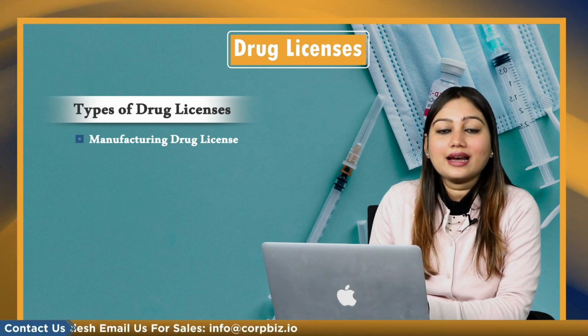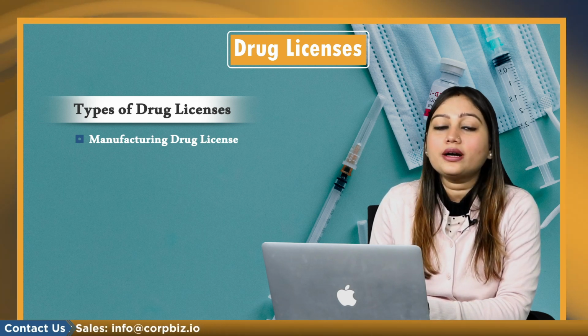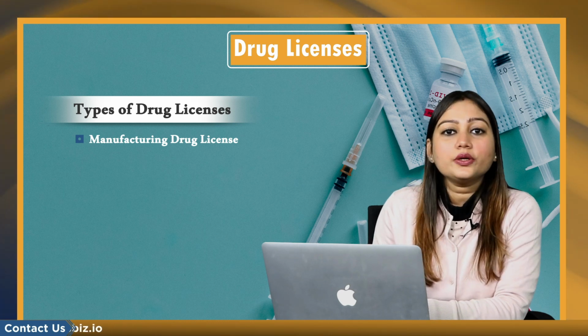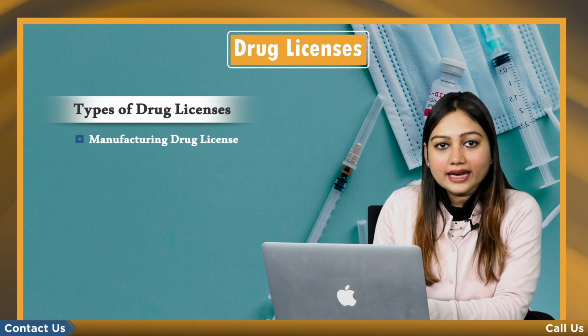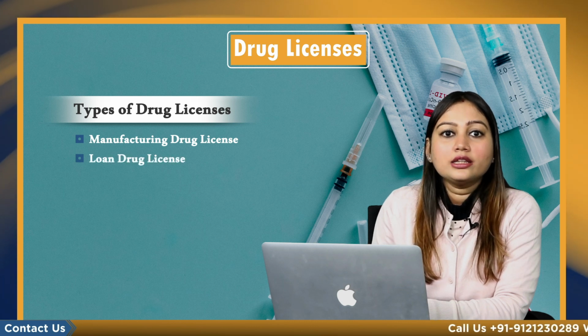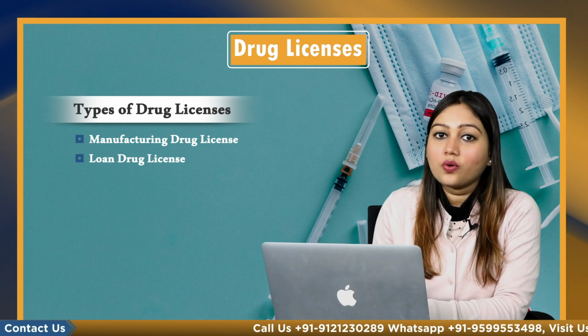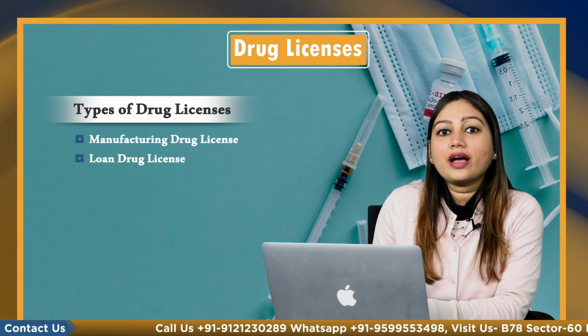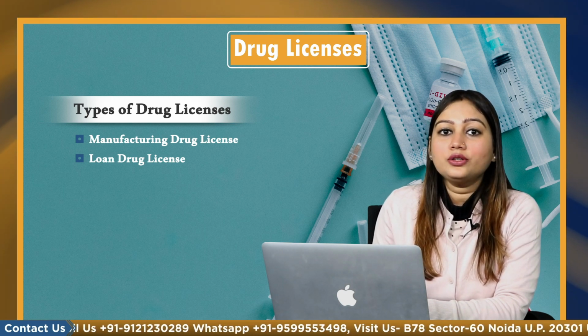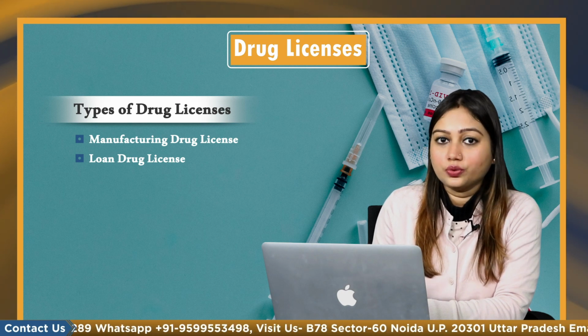This is the state license that is issued by the particular state government where the unit is situated. Second one is the loan drug license. The manufacturer of drugs who doesn't possess land of his own, but is willing to manufacture using his brand name on the land to which a license is already issued.